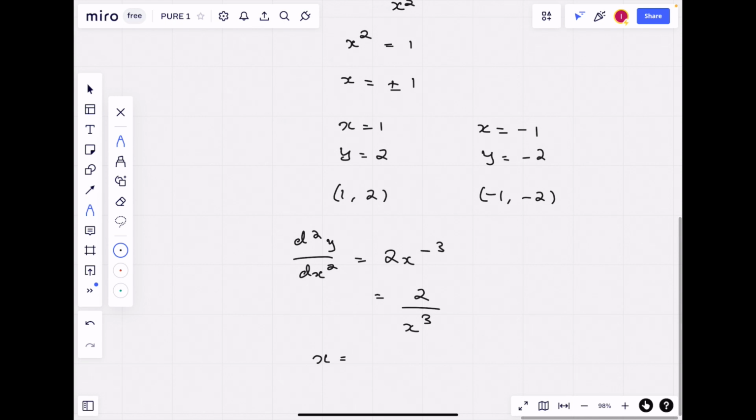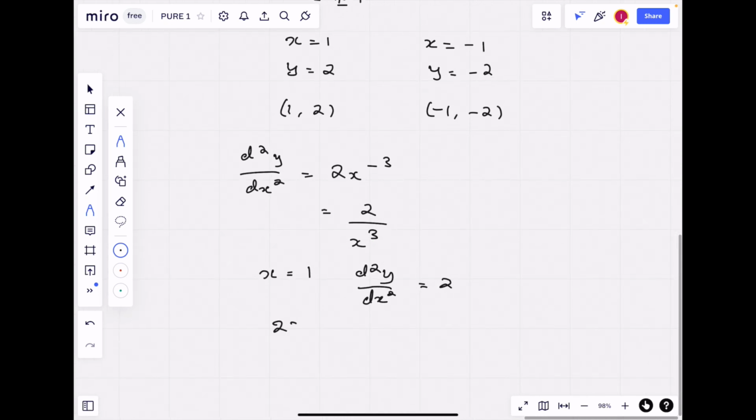When x equals 1, your second differential is equal to 2. 2 is greater than 0, therefore the point 1, 2 is a minimum.